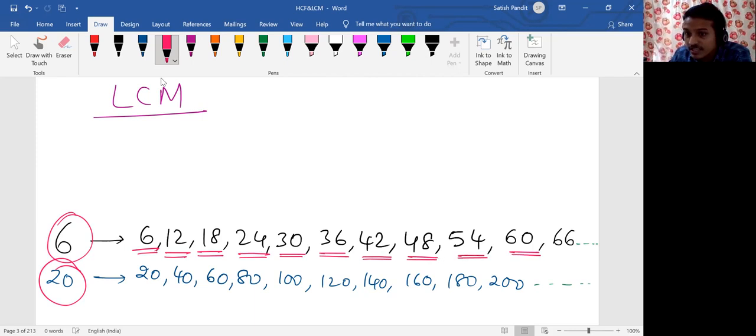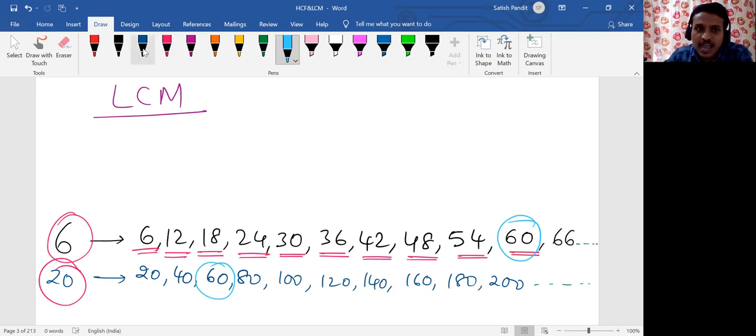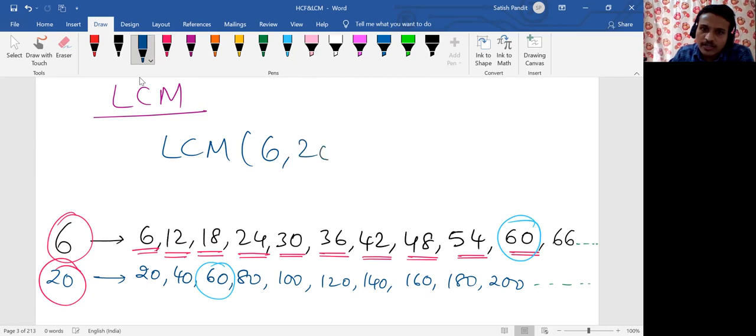No. 60? Yes. 60 is common to both. You see? So the LCM of 6 and 20 is nothing but 60. So it is the least common multiple between the two numbers.